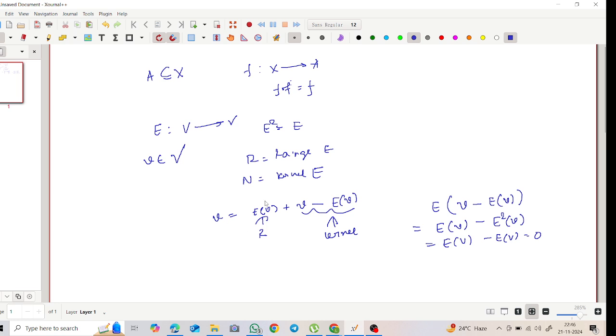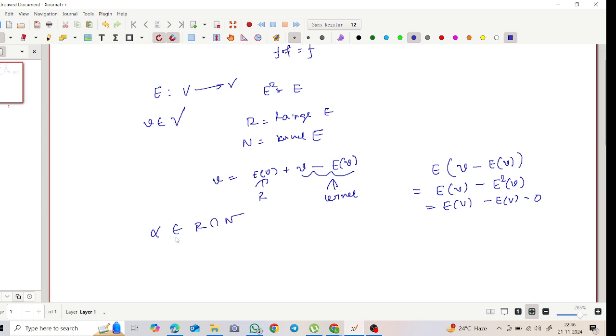You can also show that if a vector alpha is in both R and N, then it is 0. If alpha is in R, then there exists beta belonging to V such that E beta is alpha. Again, alpha is in the kernel, so E alpha is 0. Now E alpha is E squared beta, which is E beta, which is alpha, so alpha is 0.